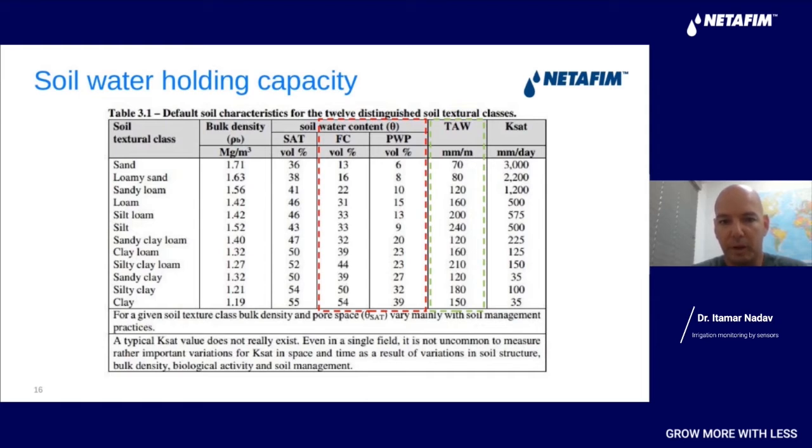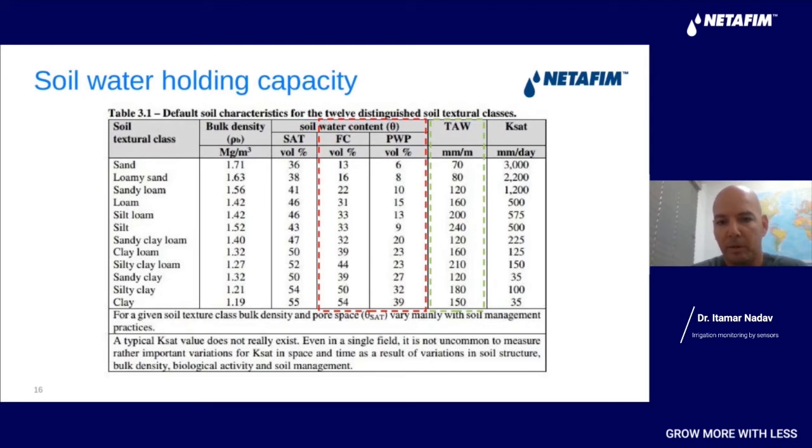You can see the field capacity and wilting point, or permanent wilting point, and you can see that different soils have different values for field capacity and wilting point. And if you go from sandy soils to clay soils, the water content at field capacity and wilting point increases because the soil can hold much more water.